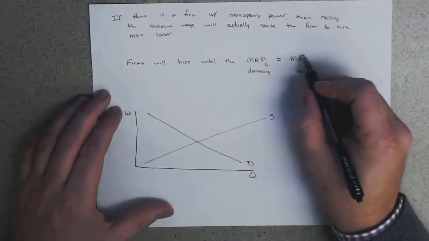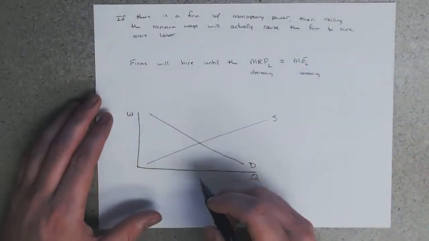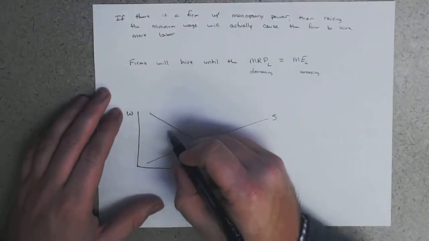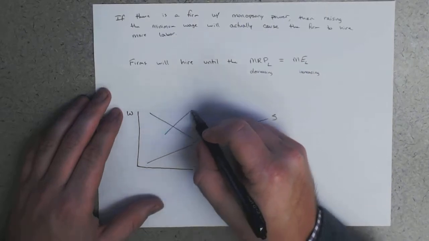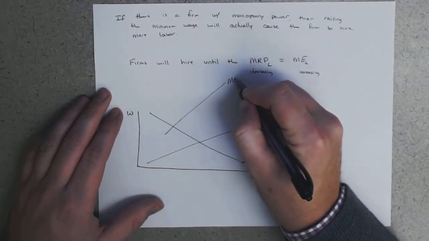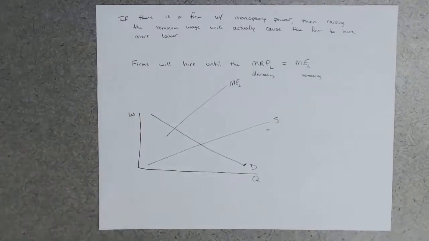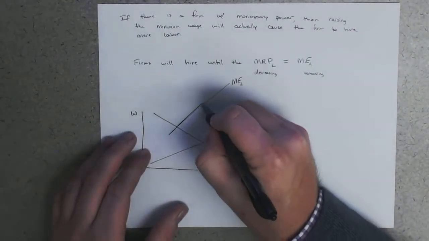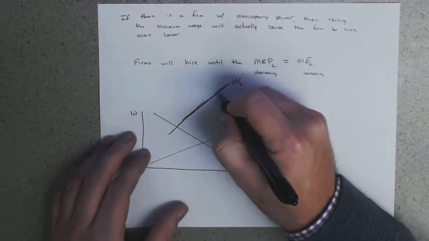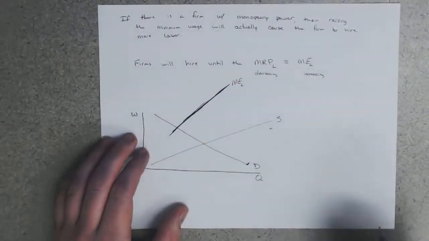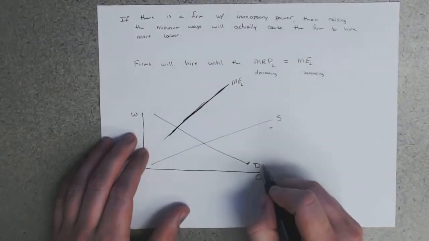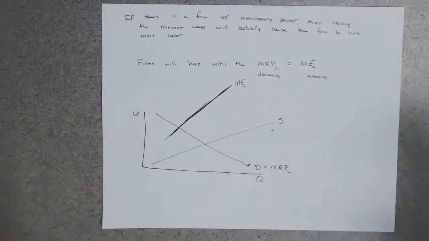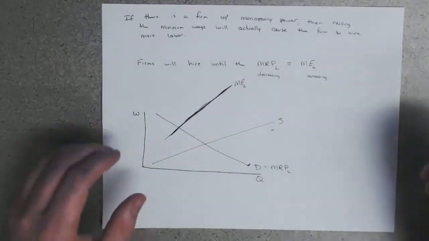And then we have this curve, which will actually be somewhere up here. So this is the marginal expense of labor curve. Oops, right here. And remember, this is effectively equal to the marginal revenue product of labor. Essentially, there's a slight difference, but not by much.